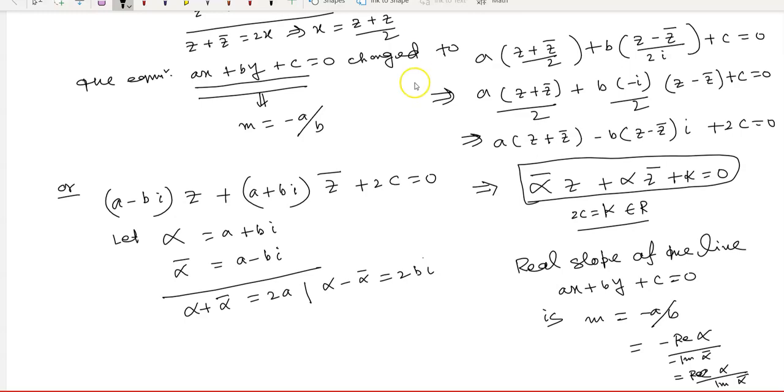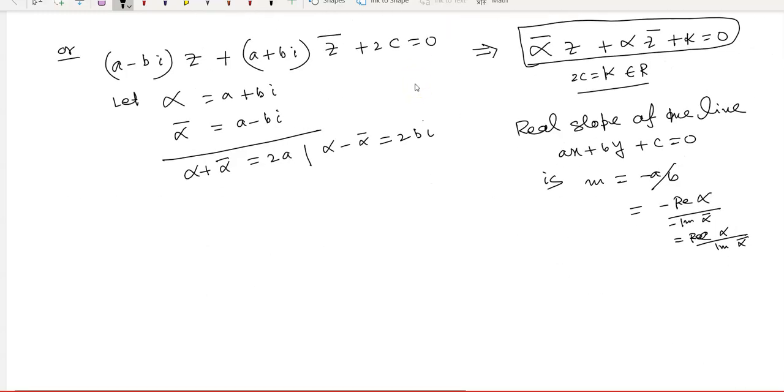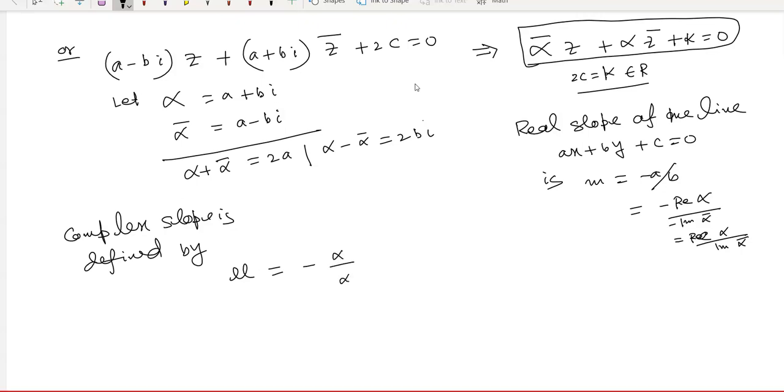Okay, the real slope is defined this way. And the complex slope, this we are going to define, is defined by mu equal to minus alpha by alpha bar.